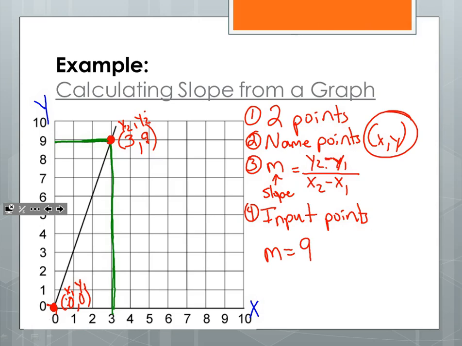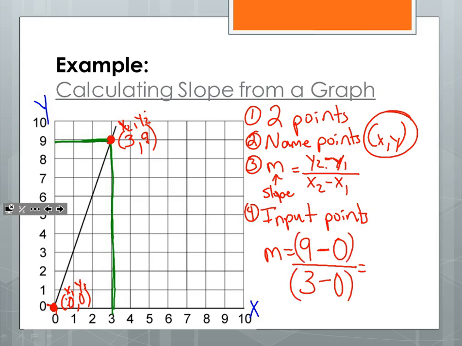I'm going to bring down the minus sign and now find y sub 1. My y sub 1 number is 0. 9 minus 0, that is all over my x sub 2. I said right here, this is my x sub 2, which is 3, minus my x sub 1, which is 0.